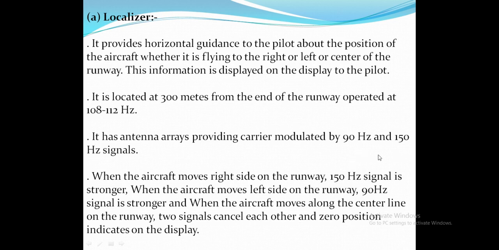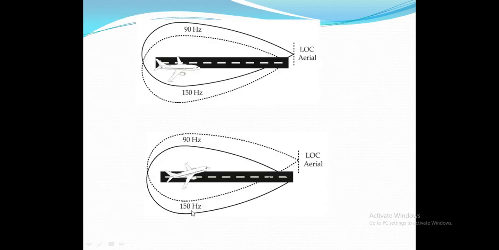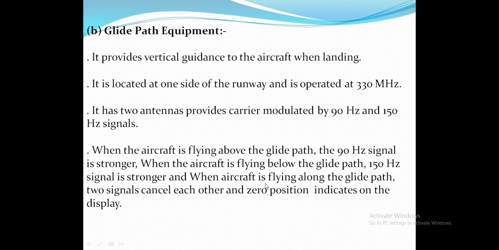When the aircraft moves to the left side, the 90 Hz signal is stronger. When the aircraft moves along the center line, the two signals cancel each other and a zero position is indicated on the display.